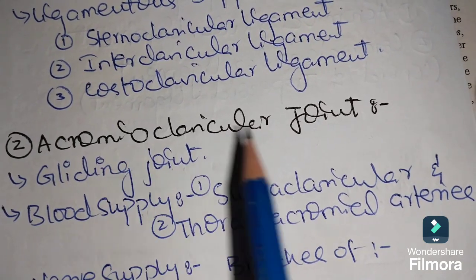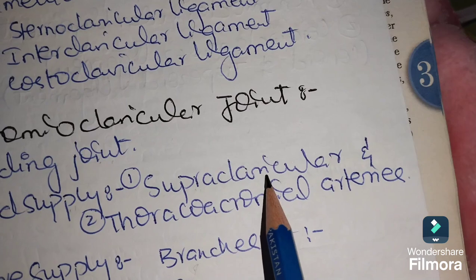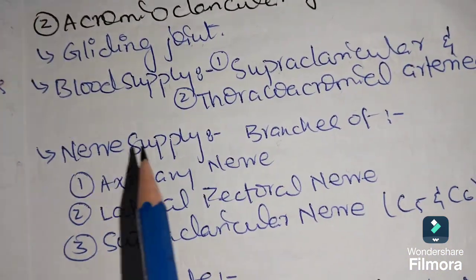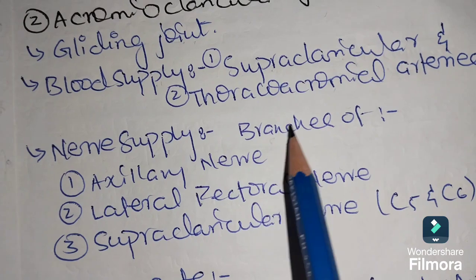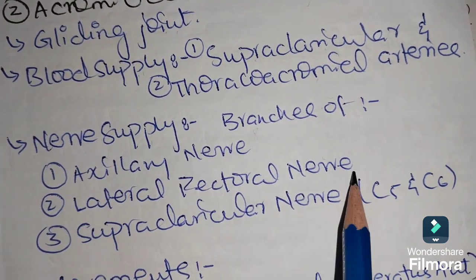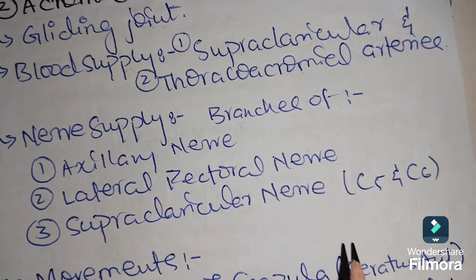The blood supply of this joint is provided by the supraclavicular artery and the thoracoacromial artery, and the nerve supply is given by the branches of the axillary nerve, lateral pectoral nerve, and thirdly the supraclavicular nerve.